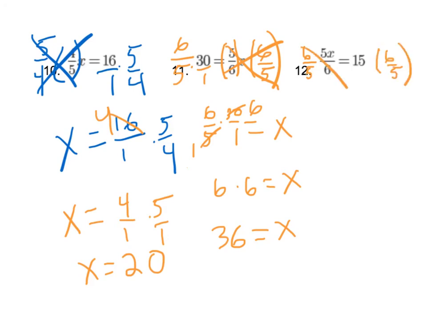Here the 6's cancel, here the 5's cancel. We're going to be left with x equals 15 times 6 over 5, and that's 15 over 1. X equals 5 goes into 5 once, 5 goes into 15 3 times. 3 times 6, x equals 18.